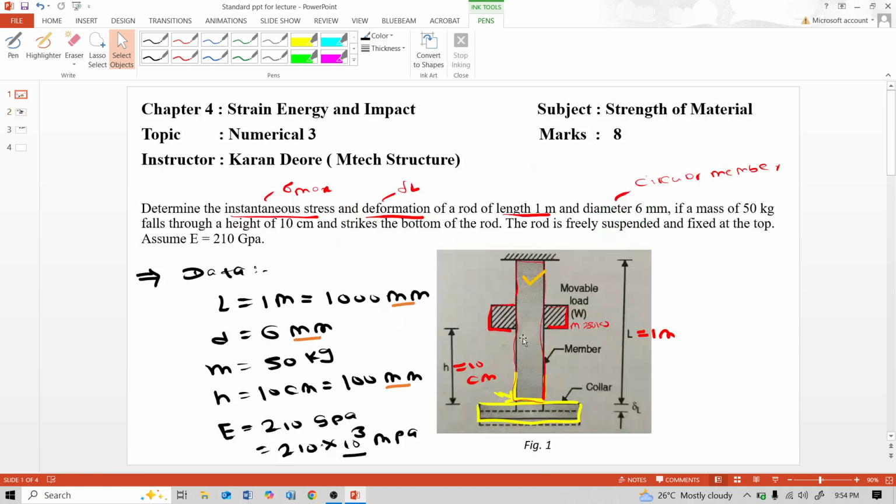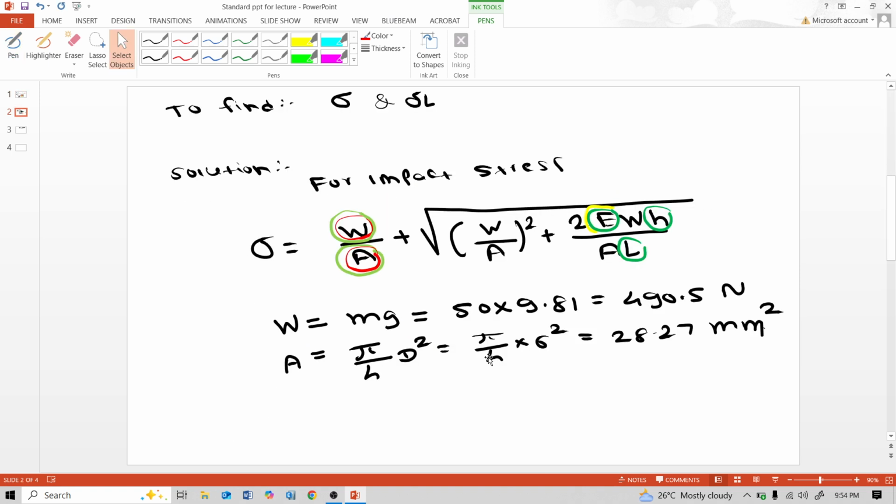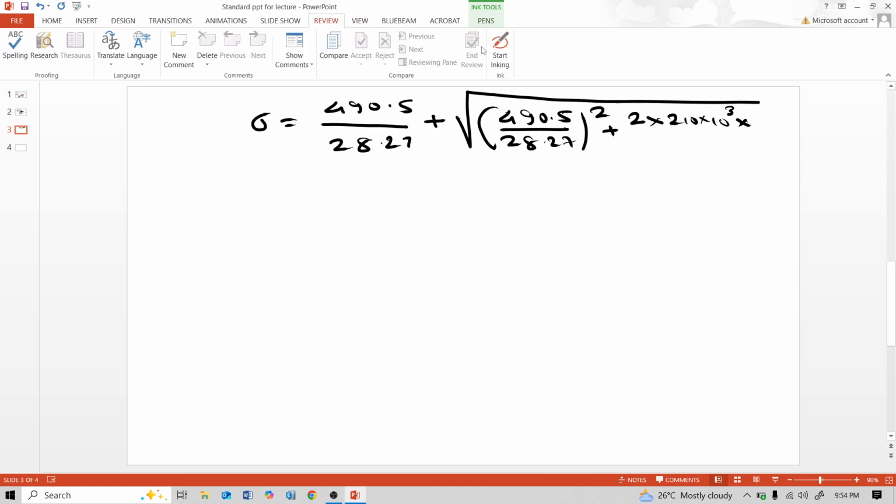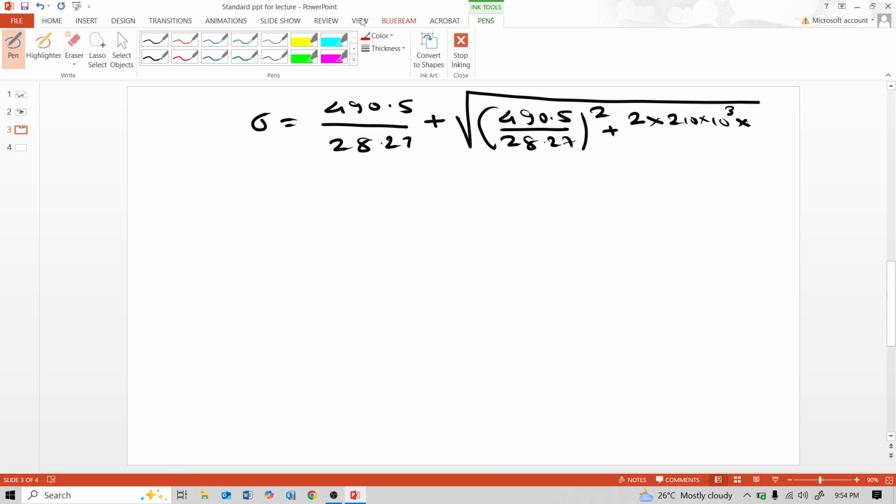And H is 10 centimeter, given data. Centimeter, that means 100 mm, because we put all values in mm.